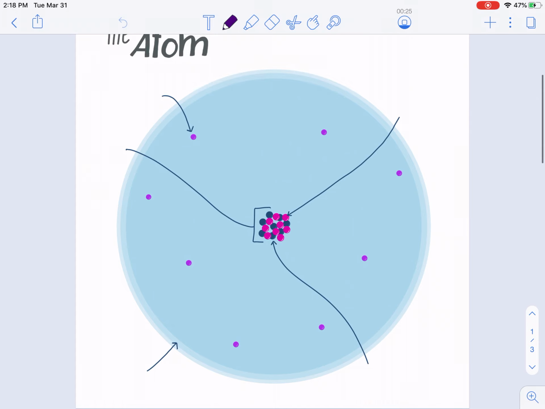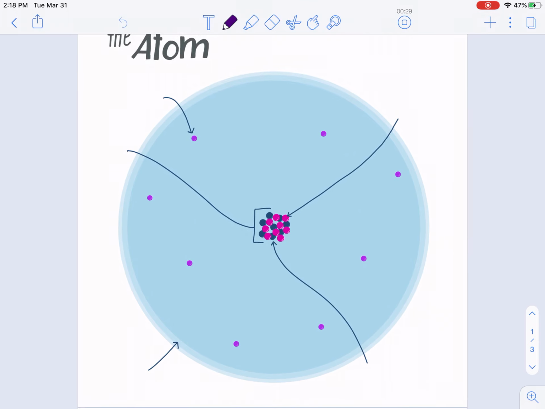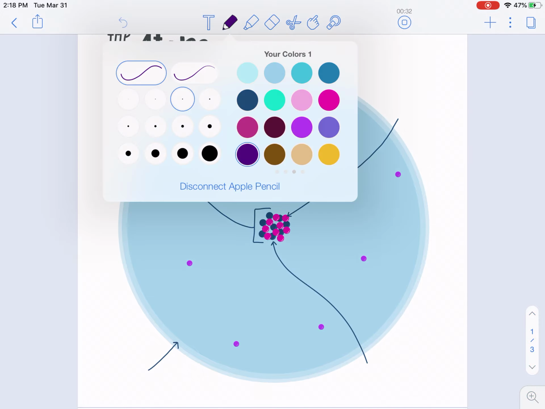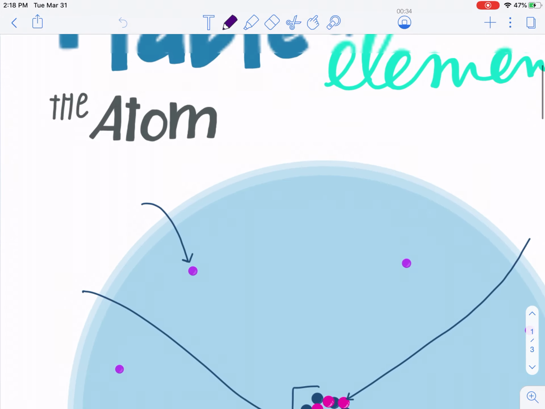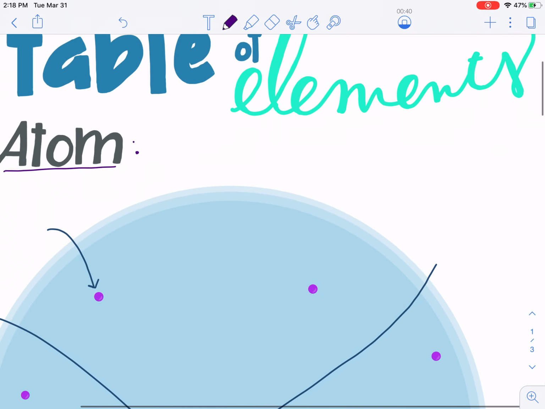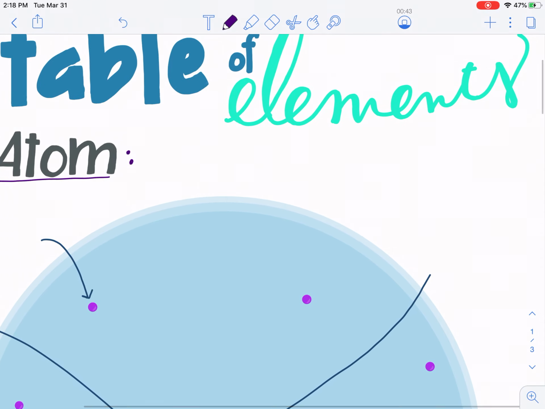So here is my simple model of an atom. An atom, by definition, is the smallest piece of matter that still retains the property of that element, which means if you divide an atom, you no longer have an atom.